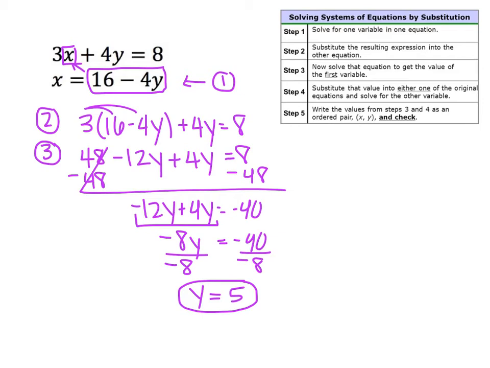Step 4. Use y equals 5 to find the value of x. Well, I use the equation that already has x by itself. I could use either one of the original ones, but it's easier to use the one that already has x by itself. So x is 16 minus 4y. That means x is 16 minus 4 times 5.